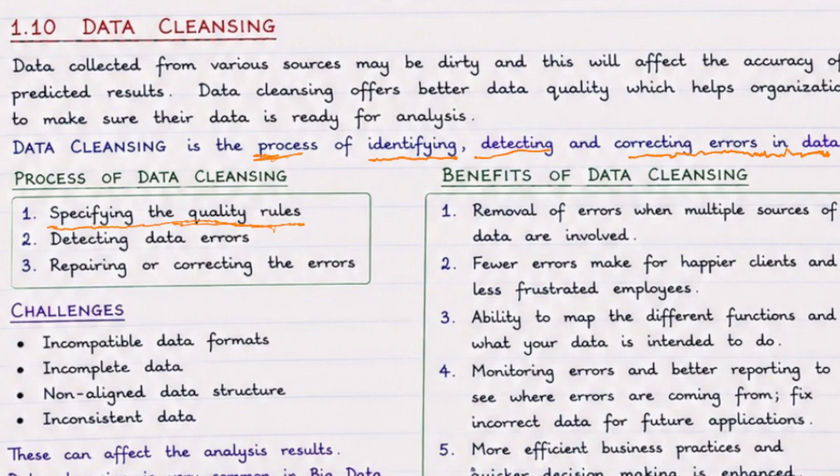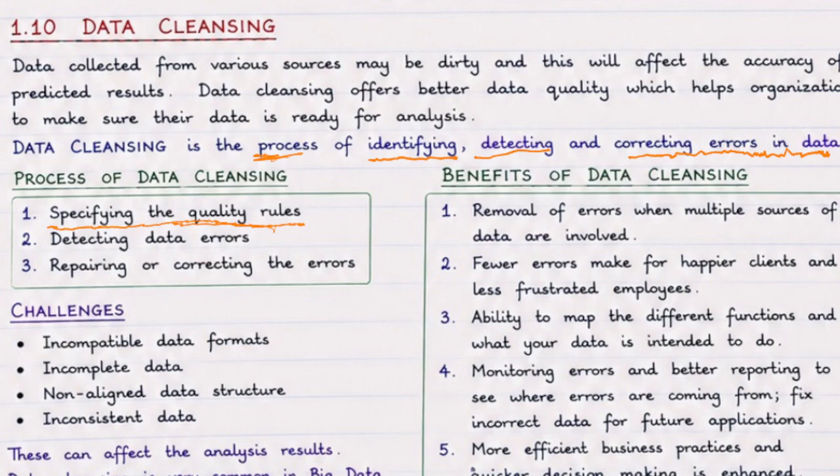So it is not all boys in the school that fit into that category. Even if all the boys are being reached out to and their data are being collected, there is a quality rule that must be specified. That's the first thing: we are only selecting boys with a certain height. So that is a quality rule that must be specified.